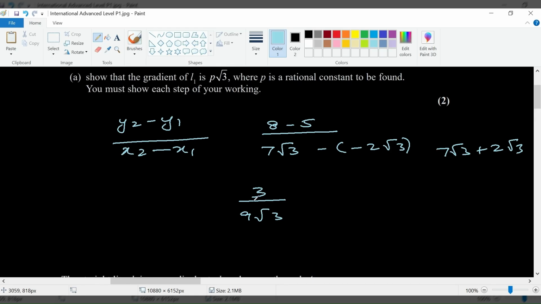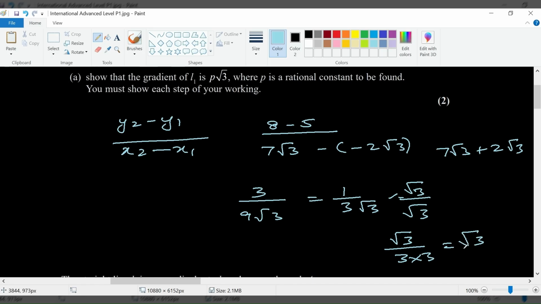Here I can say very confidently that this is going to be 1 over 3 root 3. When rationalizing, we multiply and divide by root 3. So this gives us root 3 over 3 times 3, which is root 3 over 9.